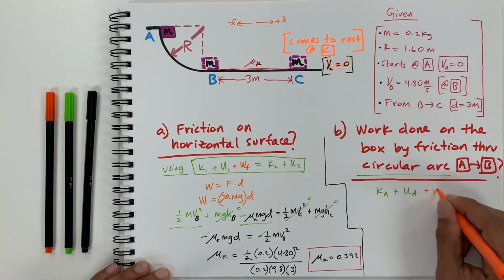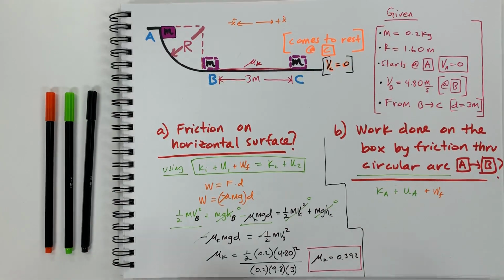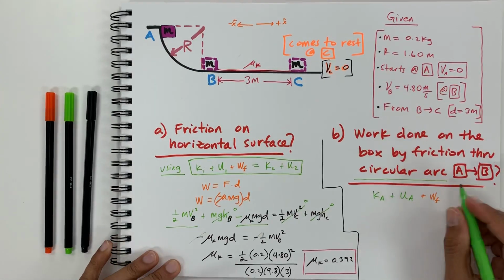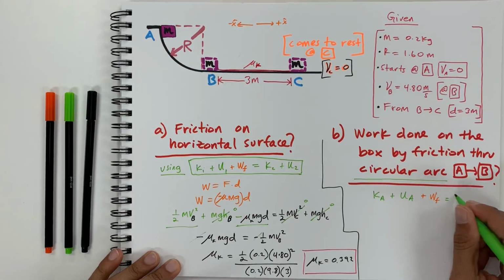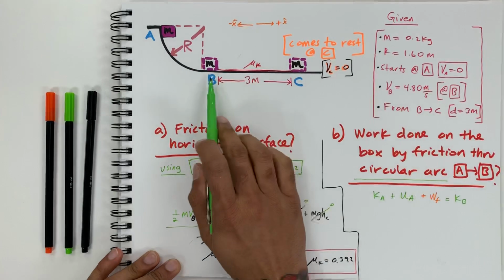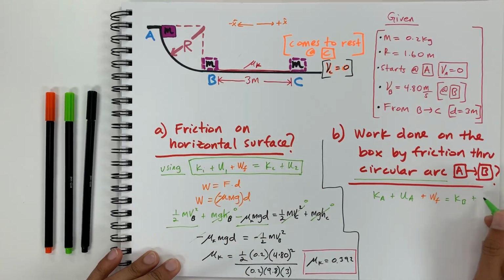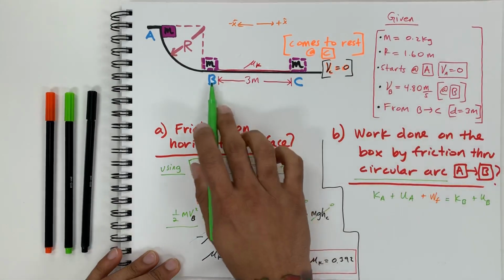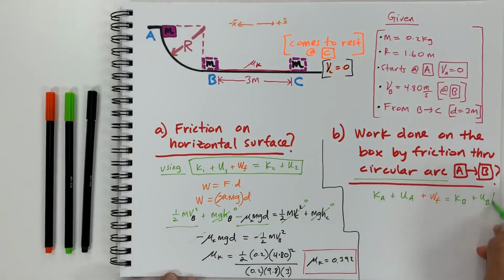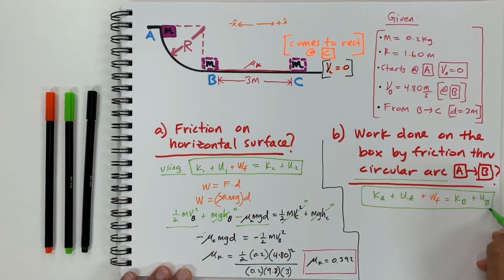Remember, we're always going to write plus work, but we have to figure out if it's going to be negative or not. And then we have kinetic energy final, which is at B, plus potential energy final, which is also at B. Okay, so let's box this up.